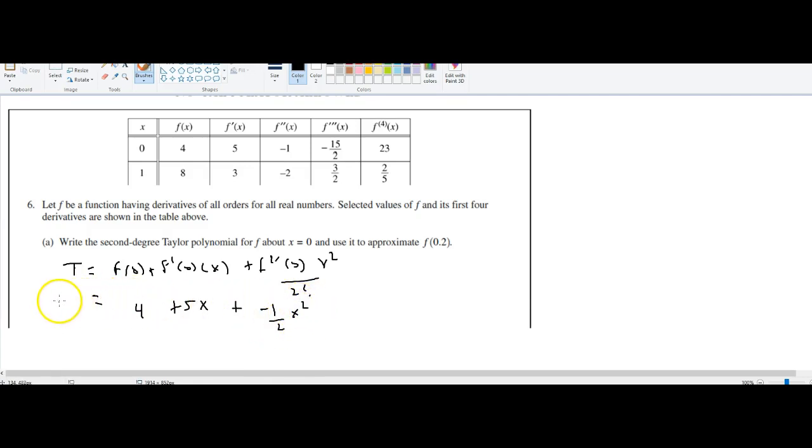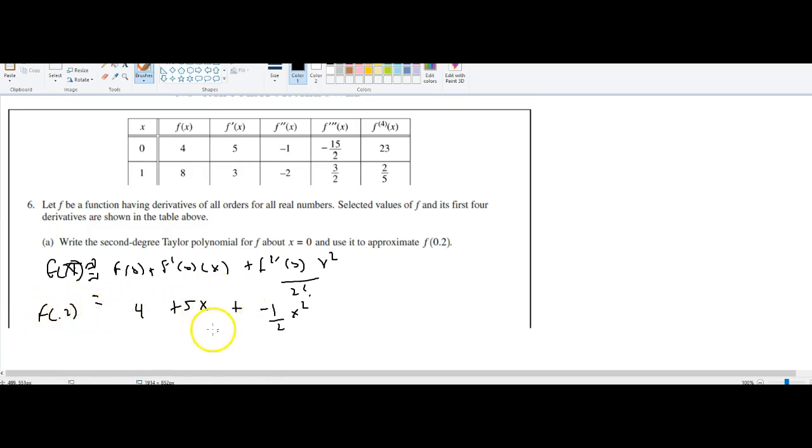They would like me to use it to approximate f of 0.2.